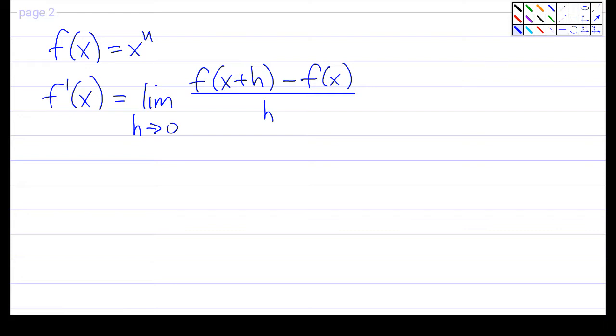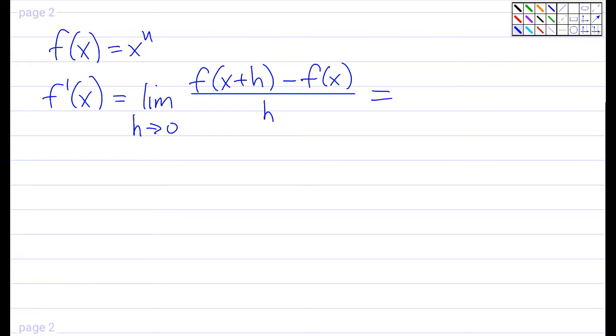Well, let's use our function. Remember, this means substitute x plus h wherever I see an x. So I get limit h goes to 0, x plus h to the n minus x to the n, all over h.